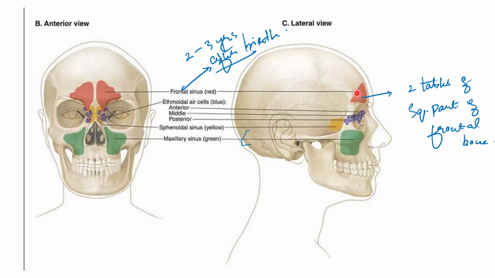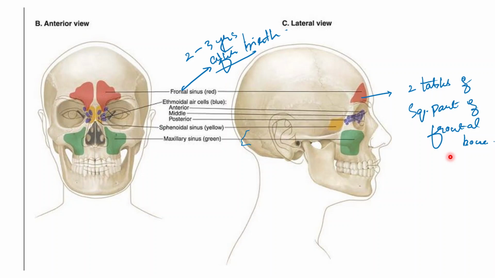The lymphatics from the sinus drain into the submandibular group of lymph nodes. So we have studied the location, the embryological development, the blood supply, the nerve supply, and the lymphatic drainage of the frontal air sinus.